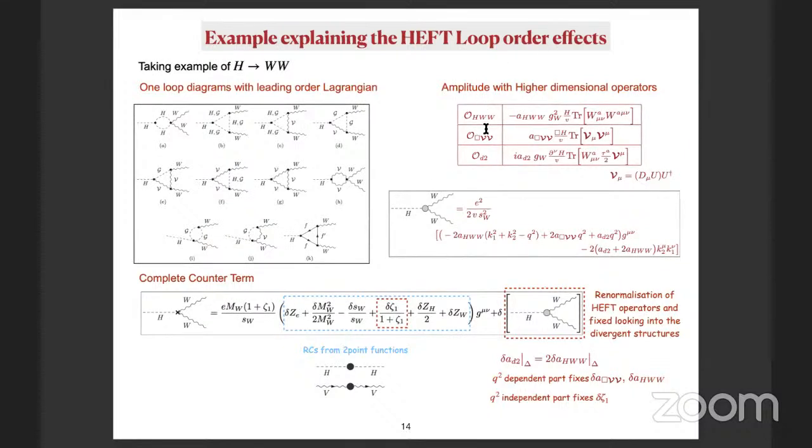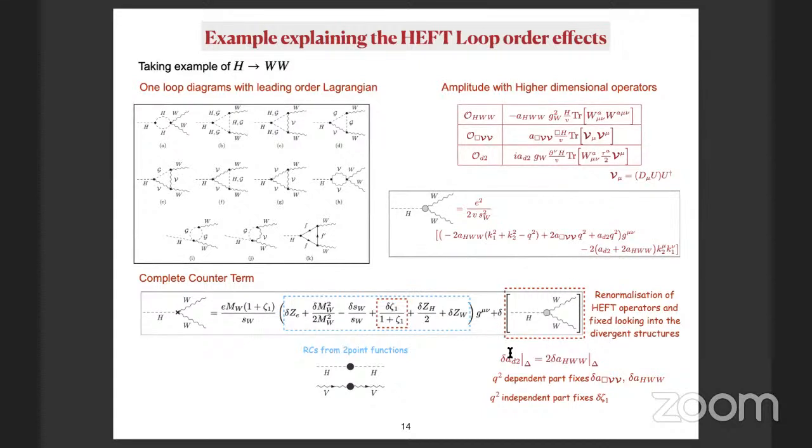These are the three higher dimensional operators that we require, and this is the corresponding tree level amplitude which appears with these operators. Now to write the renormalized amplitude, we need this counterterm, where the terms in this blue dotted box are from the usual standard model counterterm. We write the 2-point functions and calculate the field renormalization and mass renormalization parameters in the on-shell scheme.